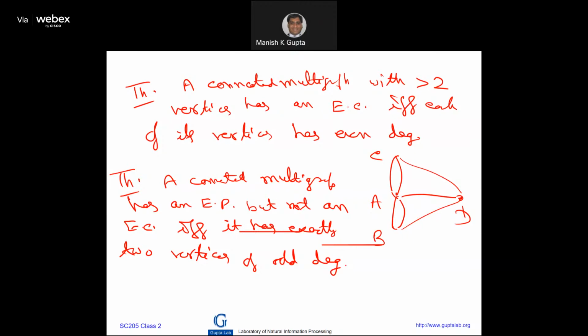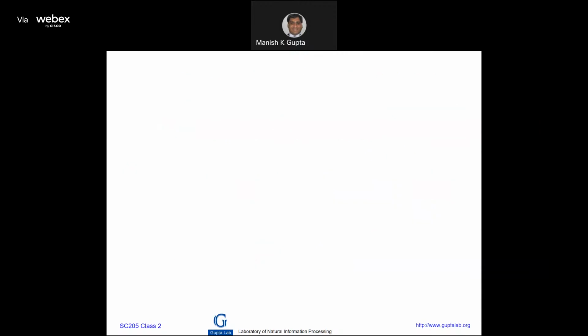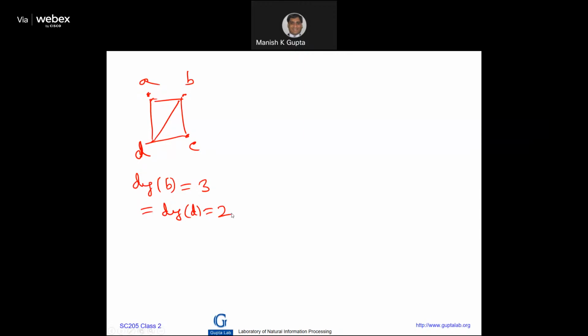Take the graph with vertices A, B, C, D. B and D are of odd degree: the degree of B is 3, and the same for D. There are two vertices of odd degree here, so from the previous theorem, of course you can see that it has an Euler path, A, B, C, D.